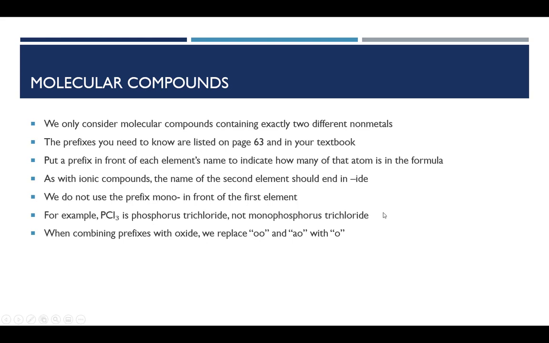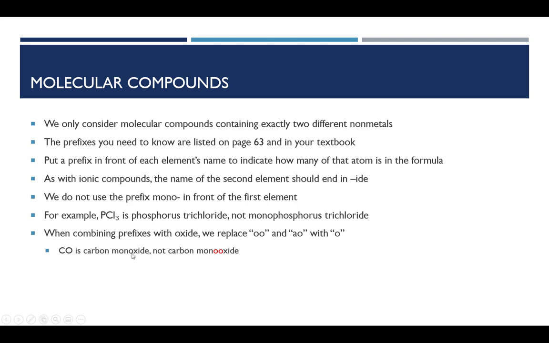Another weird rule has to do with vowel combinations. When we have oxide, you never want to have 2 O's right next to each other, or an A and an O right next to each other. You're just going to replace either of those with the letter O by itself. So, for example, CO: we don't begin with mono, so it's carbon, and then one oxygen would be monoxide.